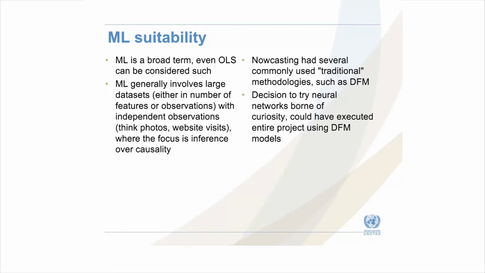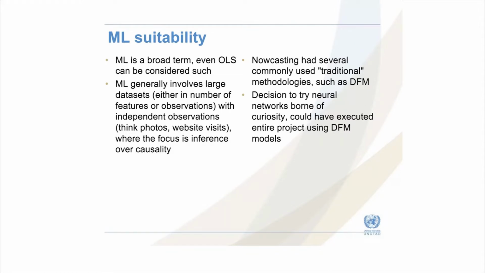So looking at that nowcasting application and how machine learning could be applicable in that case, of course, we first started by looking at the existing literature on nowcasting and the methodologies that are used there. So this is a place where that line between machine learning and traditional statistics is very fuzzy, because there exists a lot of commonly used methodologies for nowcasting.